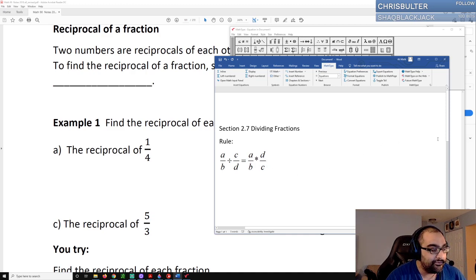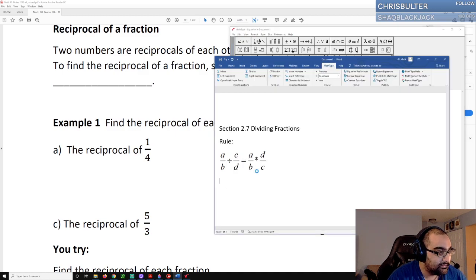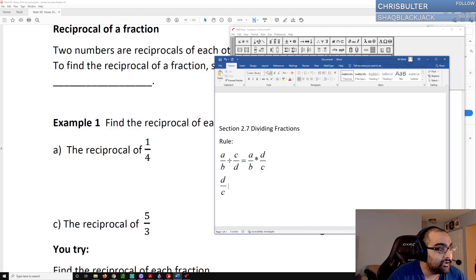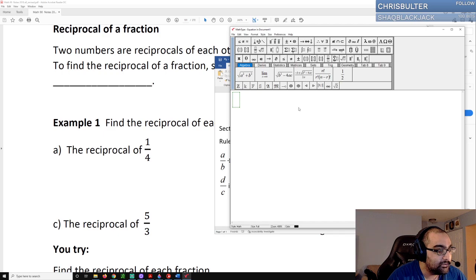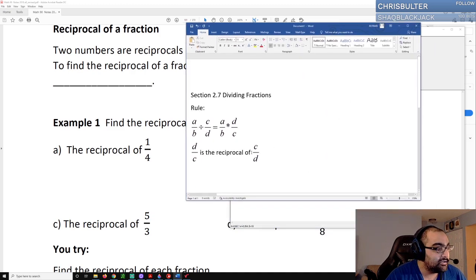And don't forget here that D over C specifically is what we call the reciprocal of C over D. So D over C is the reciprocal of C over D. We just flip the fraction over.